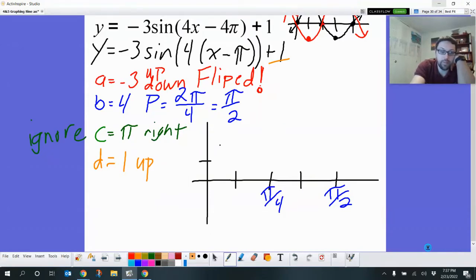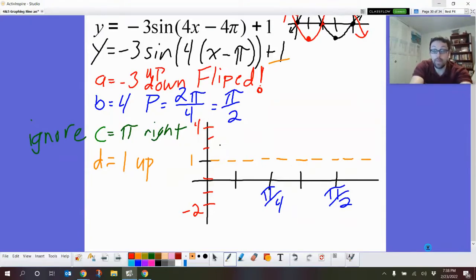I'm going to go up 1. Normally, I don't give you examples that are that far off, but let's see. I want to go 1, 2, 3 down to -2, and then 1, 2, 3 up to 4.